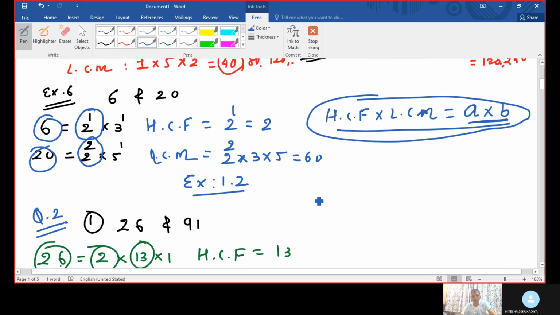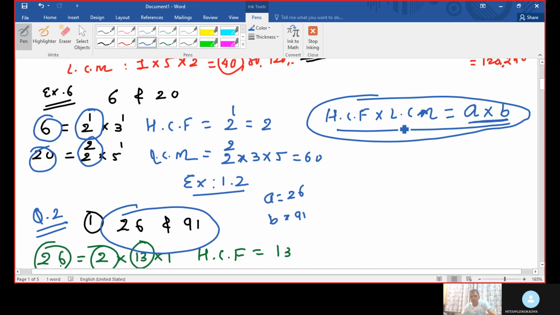Right? Now take any one question, we get 4 to 5 sums. Okay, suppose we check this one question. Here A equal to 26 and B equal to 91.